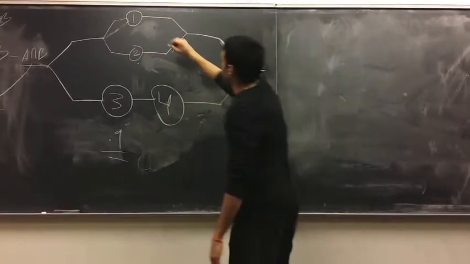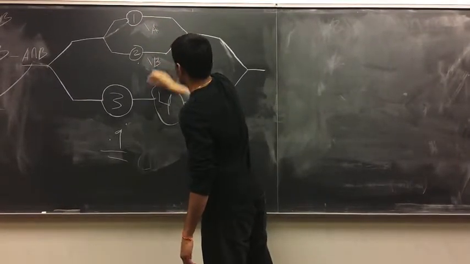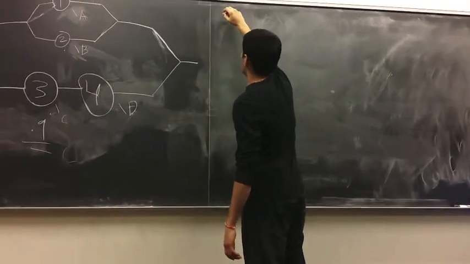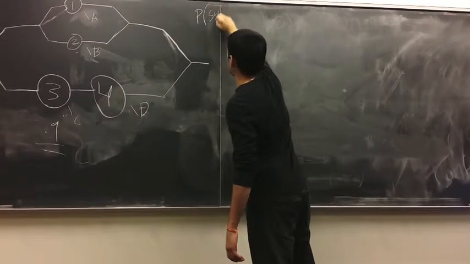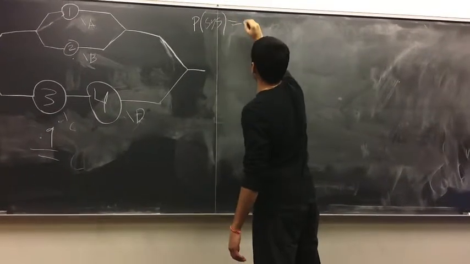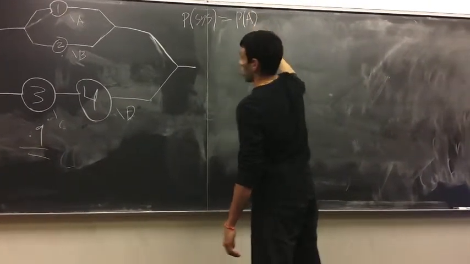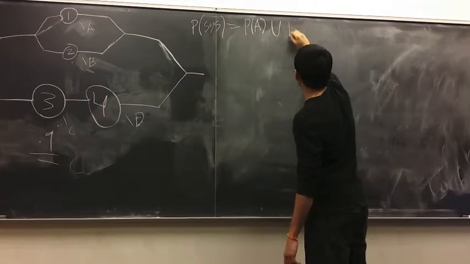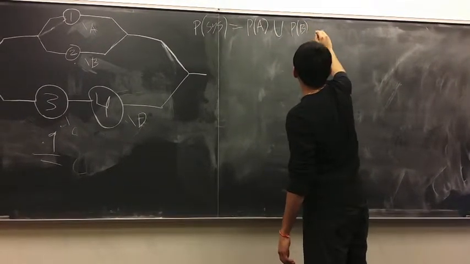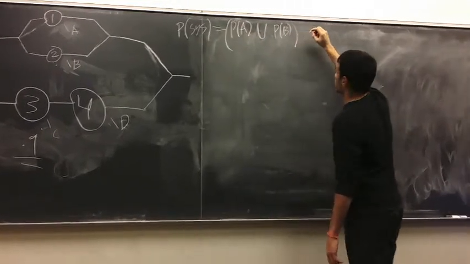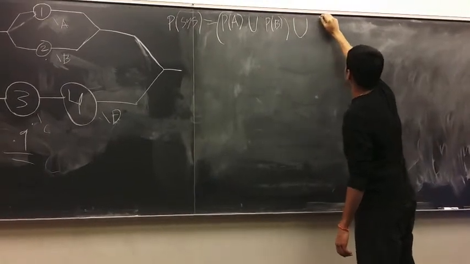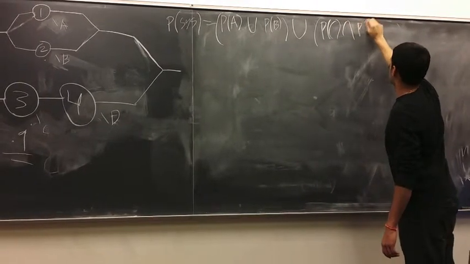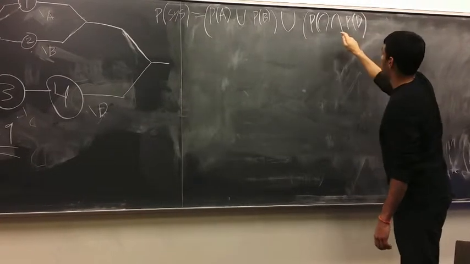So we'll label these as A, B, C, and D. For the whole system to work, the probability of the entire system, which is what we're trying to solve, is equal to the probability of A, or, which we'll keep as the union, the probability of B, or the probability of C and the probability of D. Because of that and, we're going to have this intersection instead of a union.